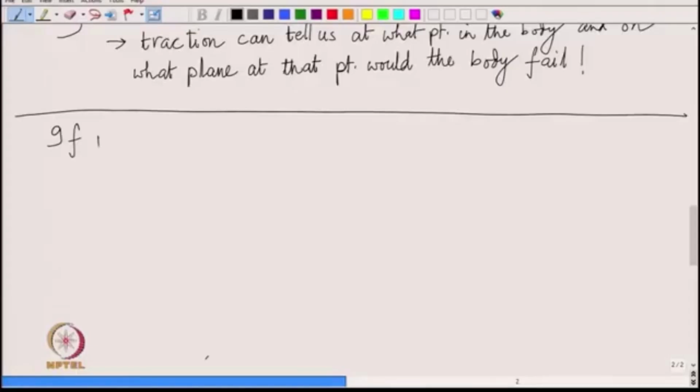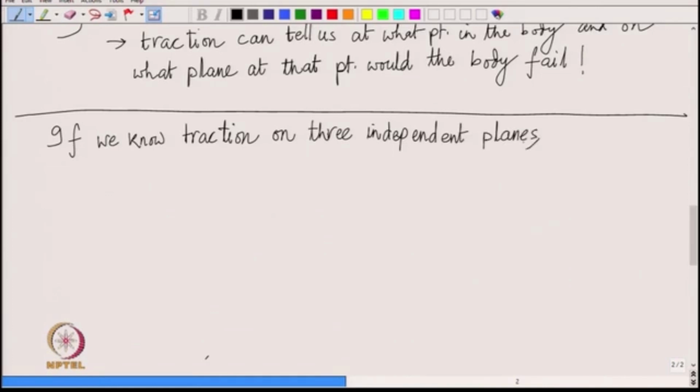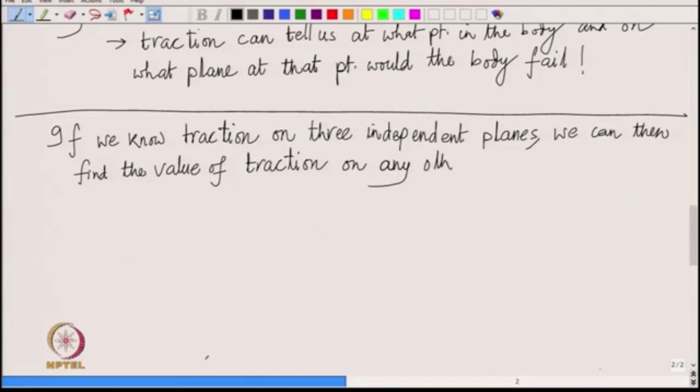Luckily, there is a very nice theorem. If we know traction on 3 independent planes, we can then find the value of traction on any other plane.